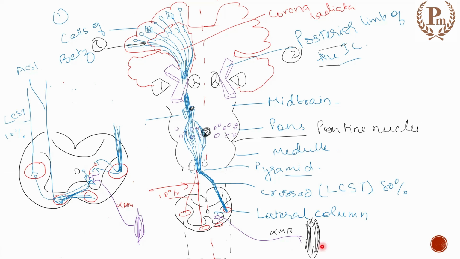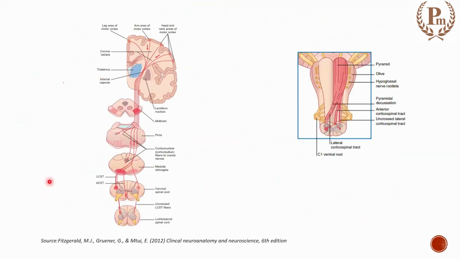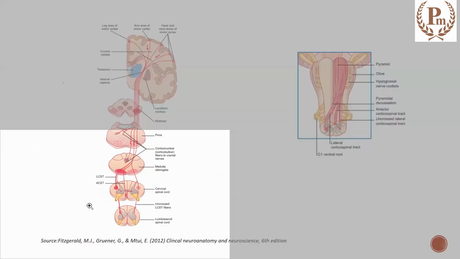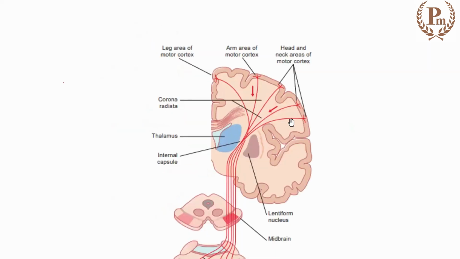This was a hand-drawn diagram. Now let me take you to a picture over here, which I will maximize and we are going to revise. Here is where the fibers are originating, coming from different areas representing your body.